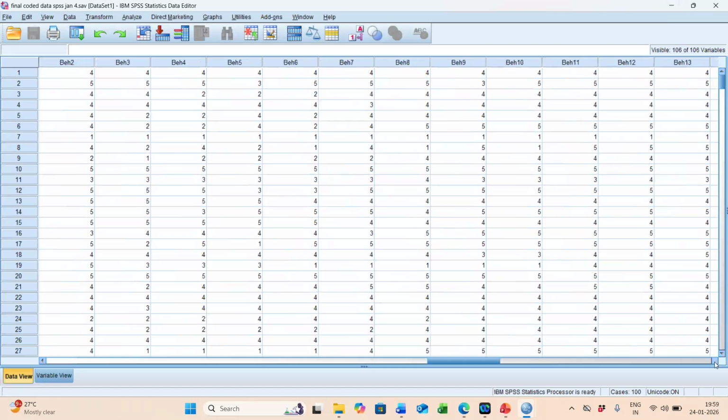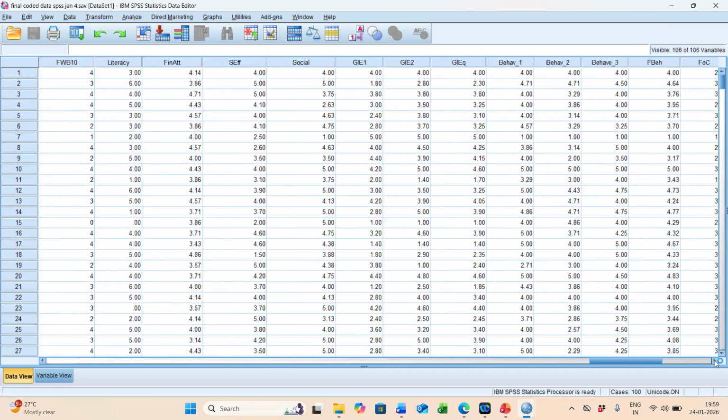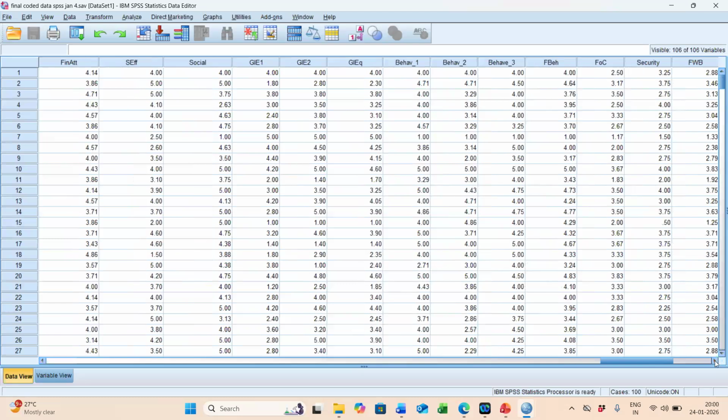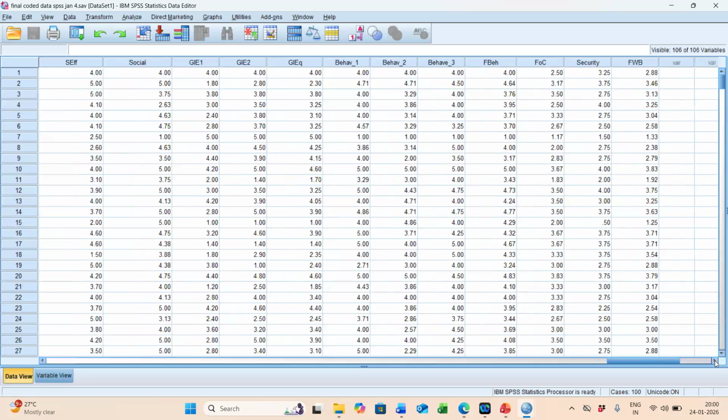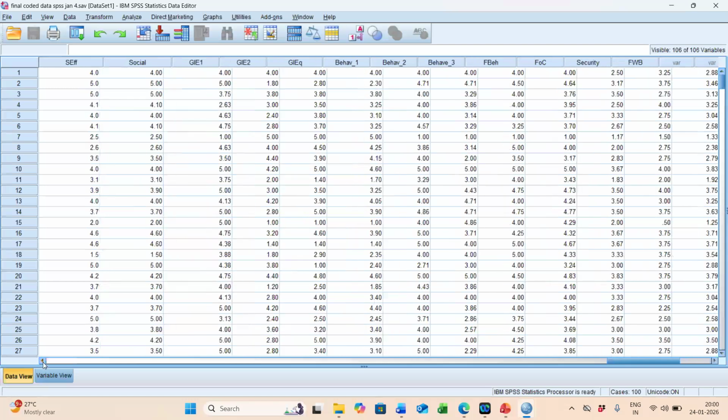Actually, it is very difficult for a person to remember all the variables in a data set. You see, these are the main variables. FOC is freedom of choice and security is financial security.